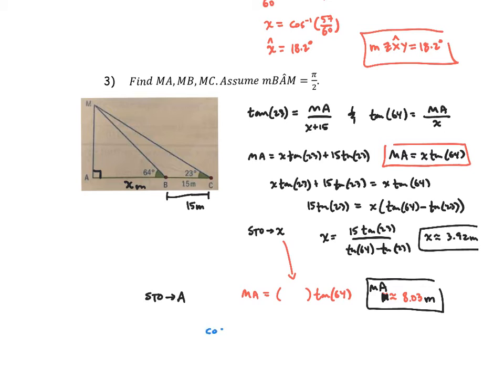Let's use cosine of 23, and the cosine of 23 would be x plus 15 over MC, and then the cosine of 64 would equal x over MB.